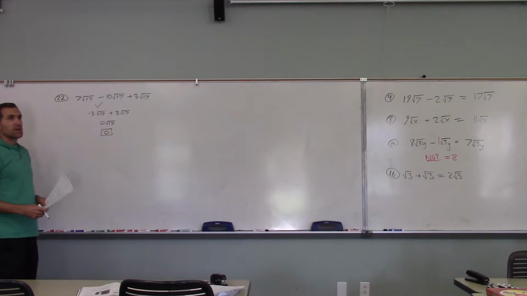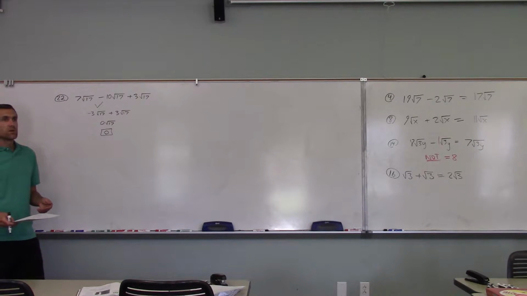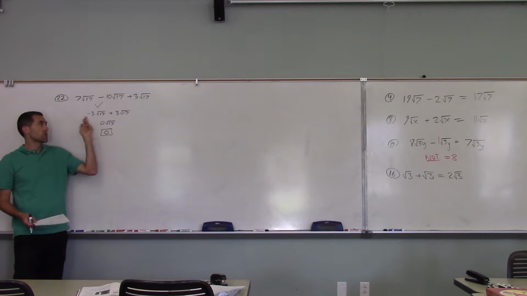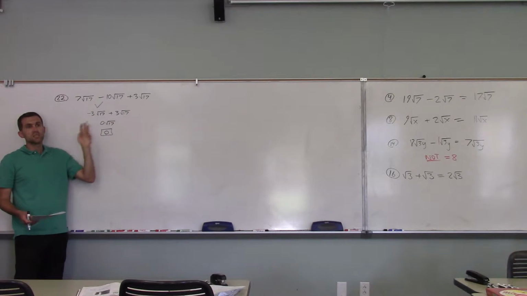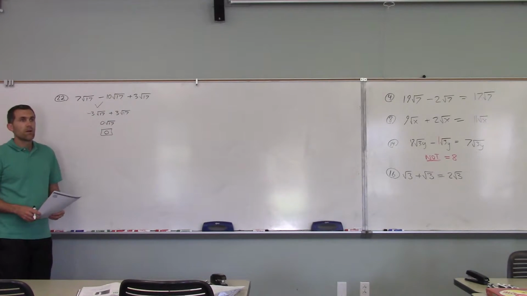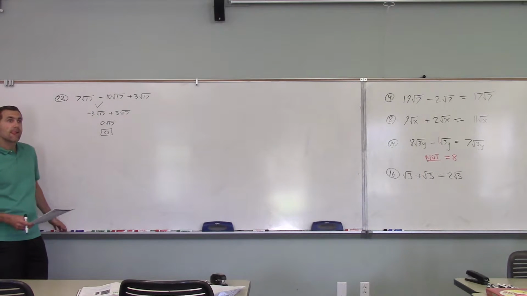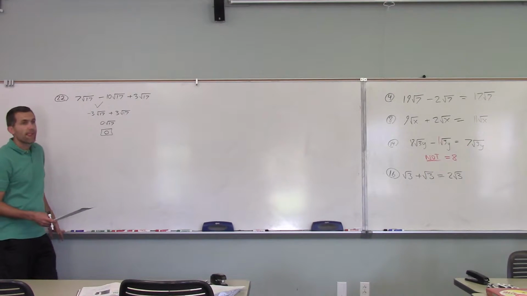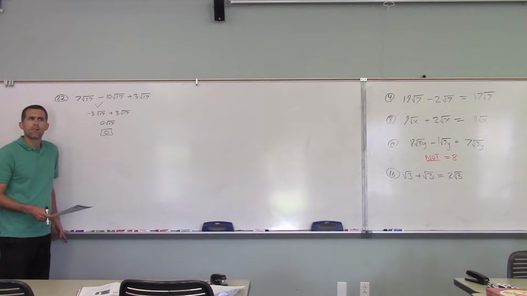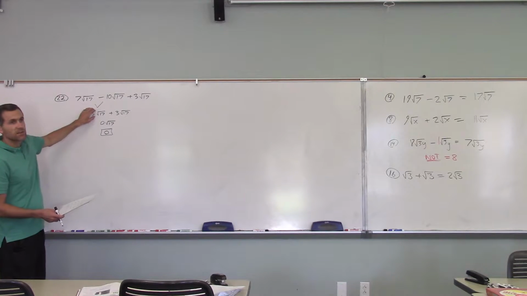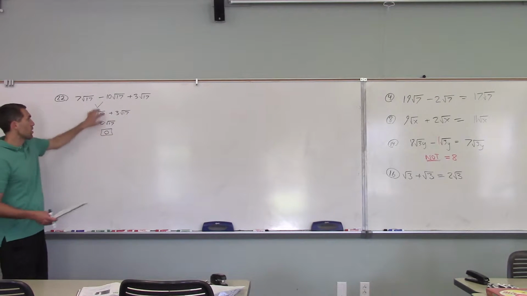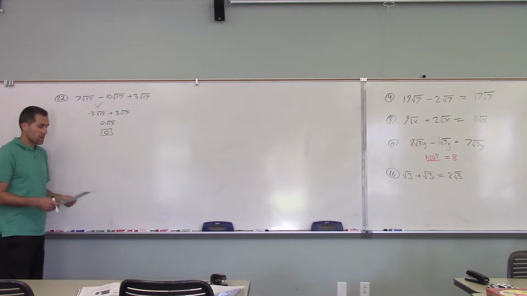Because they just all cancel out. You think about it like terms, we have negative 3 of these plus 3 of these. Yeah, they cancel out. The negative on the 3 is part of the coefficient. It's one full term. This is one term plus one term there. Yeah, okay.